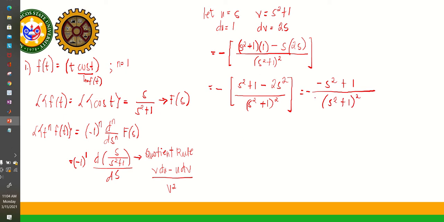We will not expand this. So, we distribute the negative to the numerator. This will be equal to s squared minus 1 over s squared plus 1 quantity squared. So this is our final answer for example number 1.